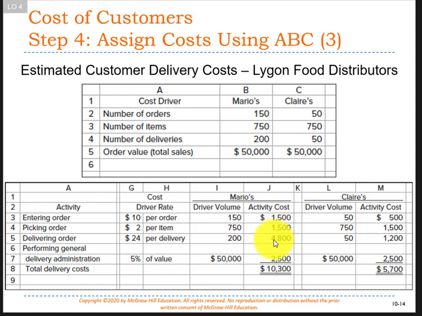But delivering, for instance, for Mario's is 4 times what it is for Claire's, and 3 times for the order entry. The other part was exactly the same. So previously, we've been doing it all based on percentage of the value, and here we only do this last part as percentage of the value. And so we see a different activity cost for Mario's than Claire's.